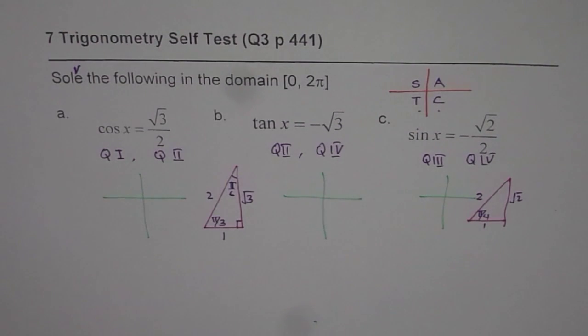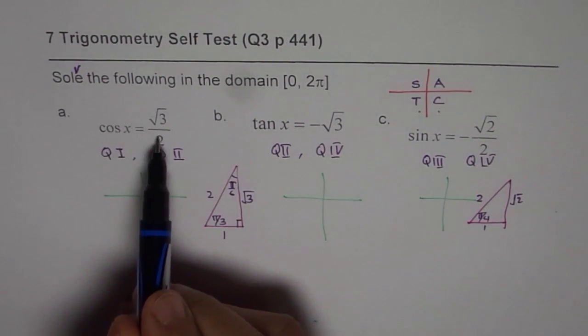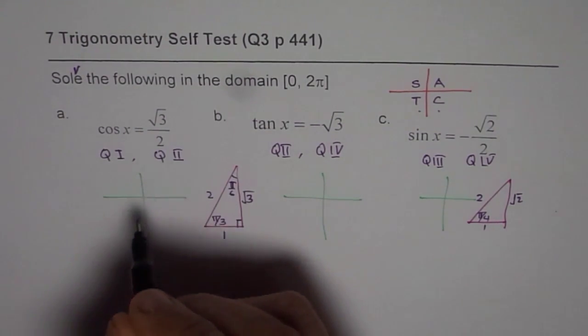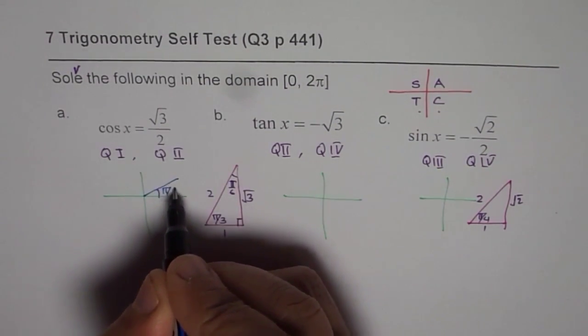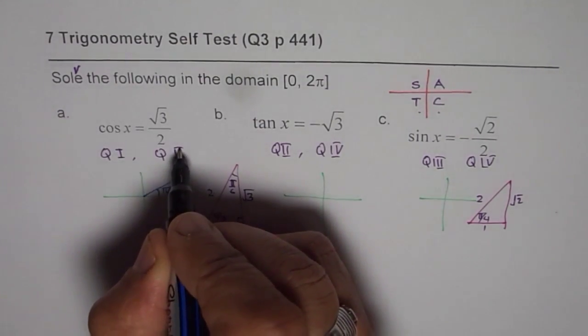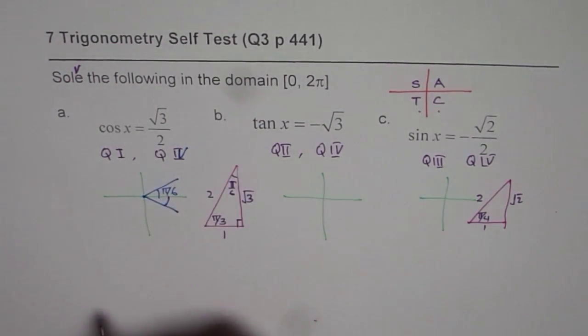The first one for us is cos equals square root 3 over 2. Now cos is square root 3 over 2 means the angle is pi by 6, right? So the acute angle is pi by 6. The other possible solution for cos being positive was in quadrant 4, which is here, right? So we have two solutions here.